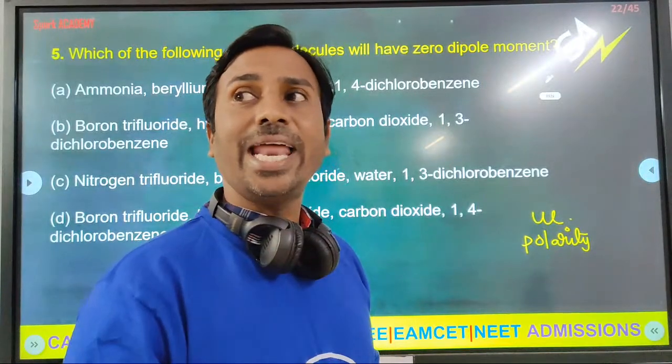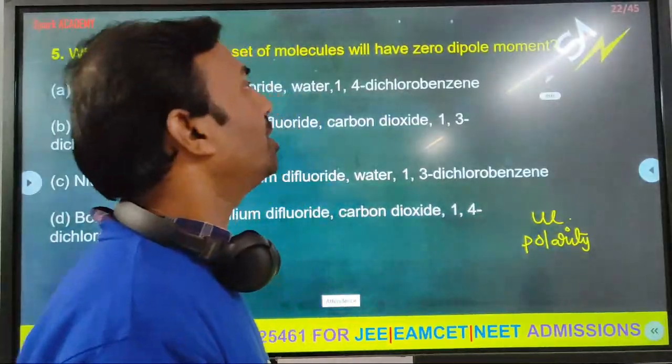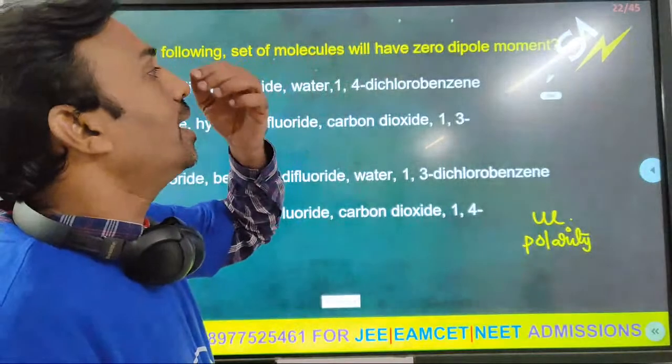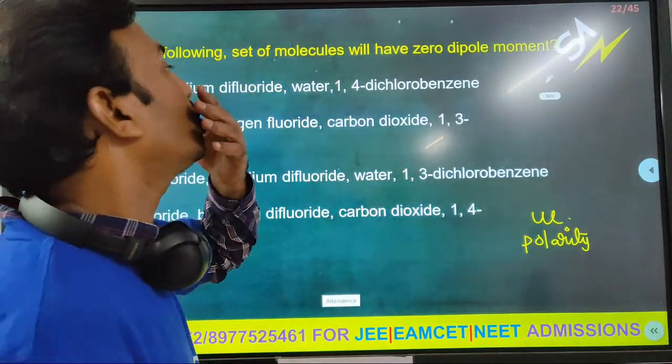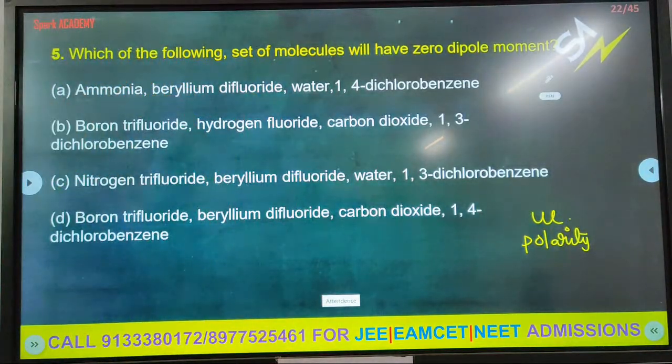That ionic character is called mu, and that mu is called dipole moment. So now see which molecules here have zero dipole moment, meaning they don't exhibit any dipole moment.